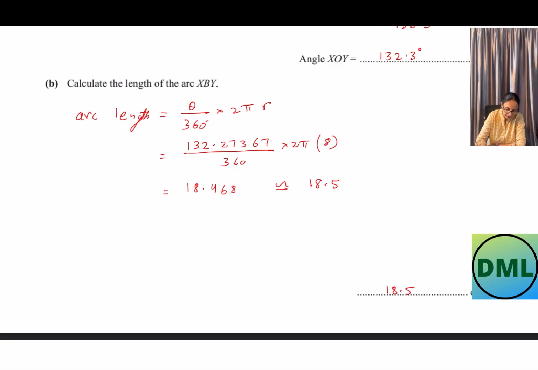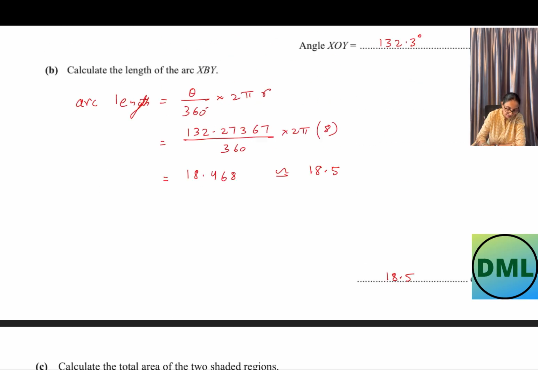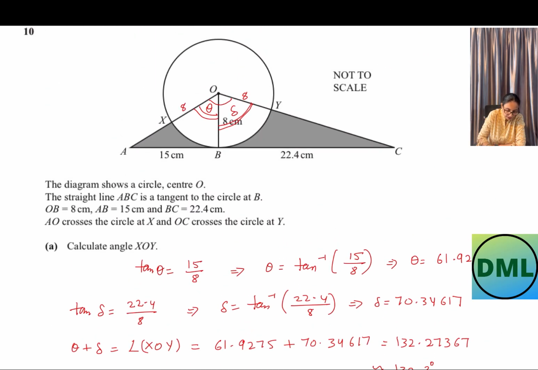Let's see the next part here. Calculate the total area of the two shaded regions. Let's see the figure here again. I need to calculate this area and this area, the shaded area. How to calculate the shaded area? As you can see, this shaded area is related with this triangle and this sector.